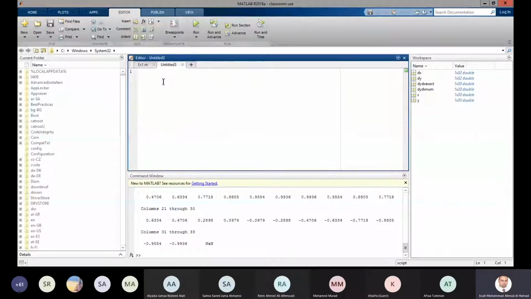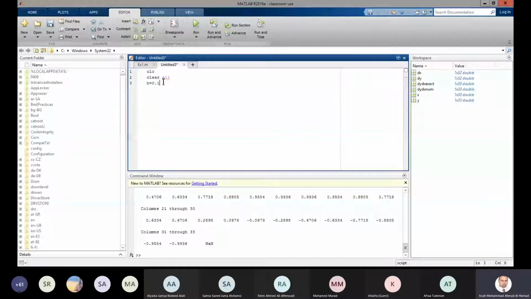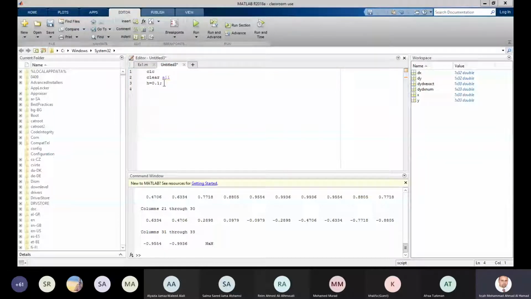Now I need to start by defining a value of h. And this h, I will show you what it means. You can select any value for now, but it depends on the application or on the result you need.